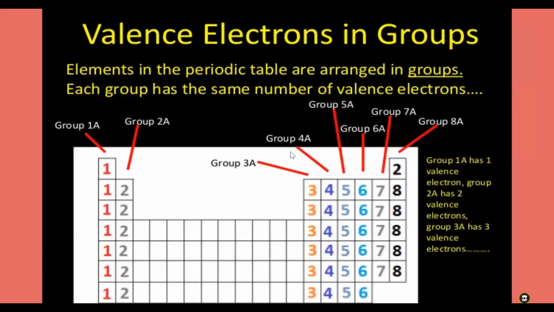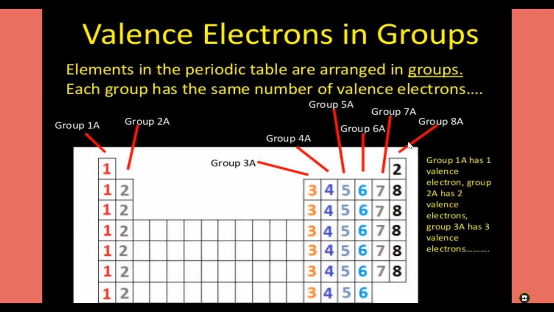Now, there's an easy way of knowing the number of valence electrons. It says elements in the periodic table are arranged in groups. Each group has the same number of valence electrons. This is referring to only the main group elements. Remember, transition metals are not part of it. It's group 1A, 2A, 3A, 4A, 5A, 6A, 7A, 8A.